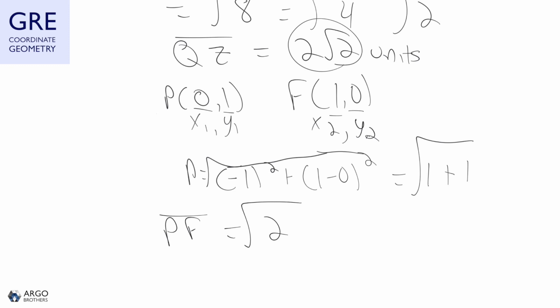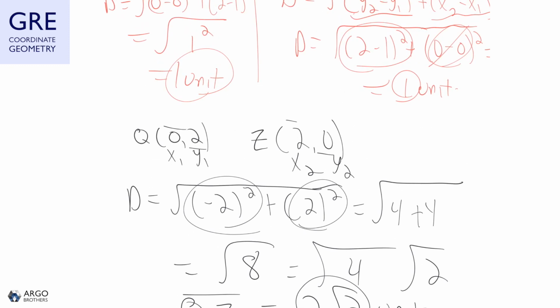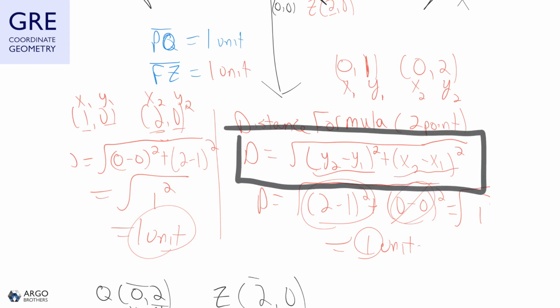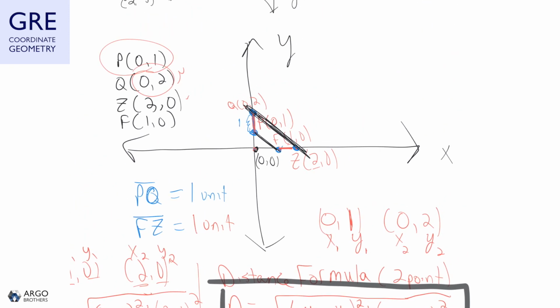And really all you're doing is plugging into this distance formula, which you should write down and memorize. So I'll box that again. That is right over here. So here we go. This is the distance formula. All right, so don't forget that. Okay, great. So we have all the distances. Now let me write the distances out just so we can see them in one page.